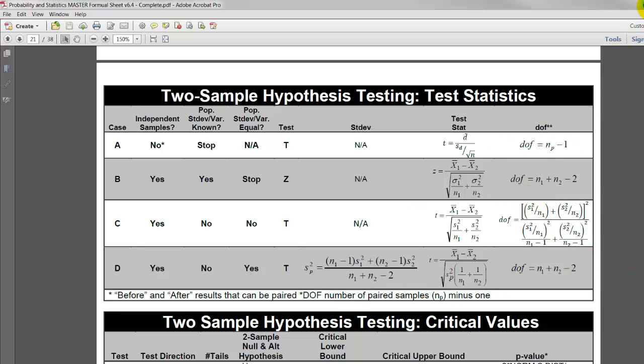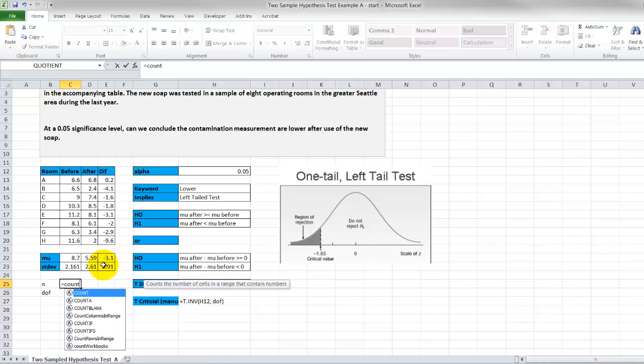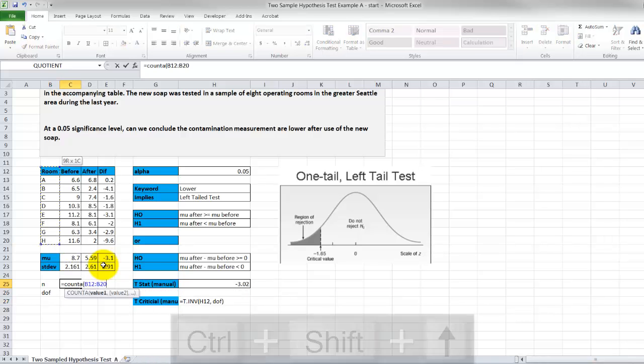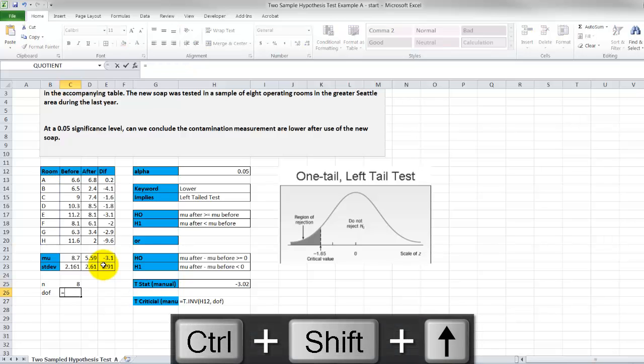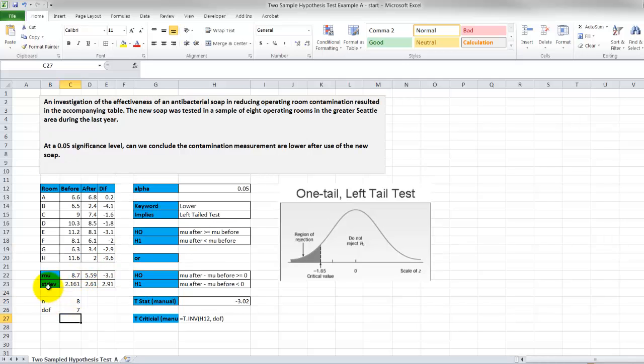So let's go ahead and compute that DOF. We'll calculate here N and DOF. N will be count A of the number, which will be 8. DOF is the number of pairs, which is 8 minus 1. We have a DOF of 7. Let's copy this format and apply it here.